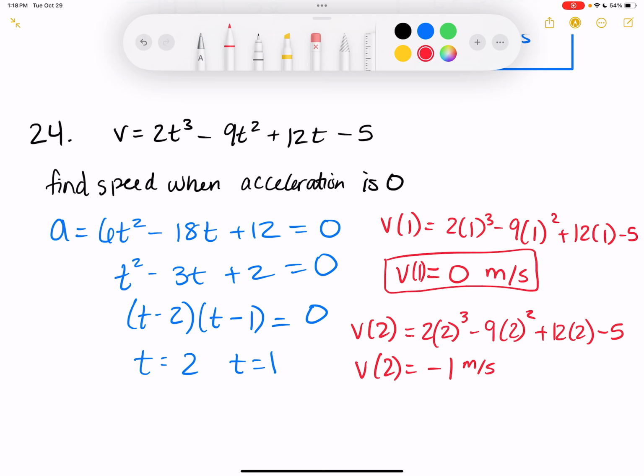Yeah, that sounds reasonable to me. Now, technically, I'm finding what? Speed, which is the absolute value. So the keyword is speed, so this is actually going to be 1 meter per second.